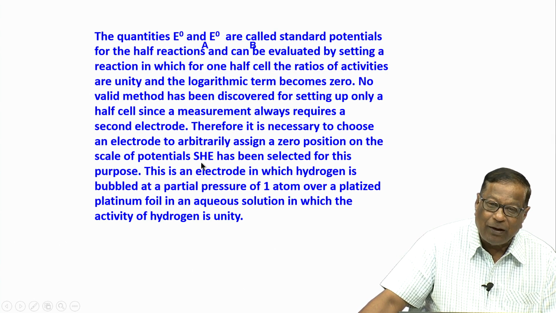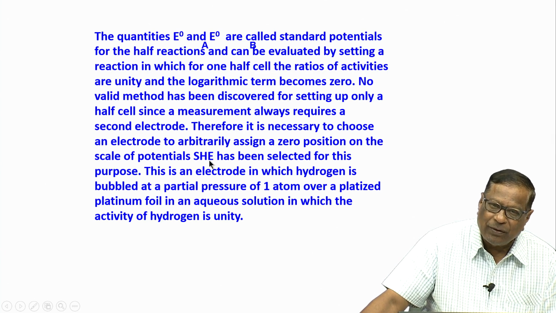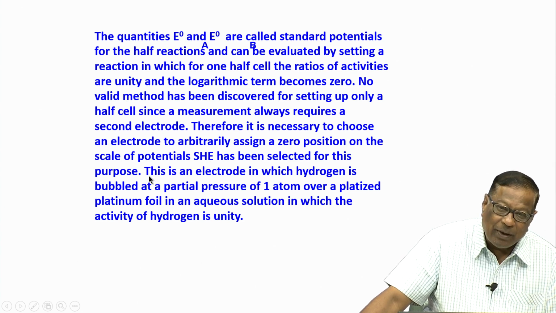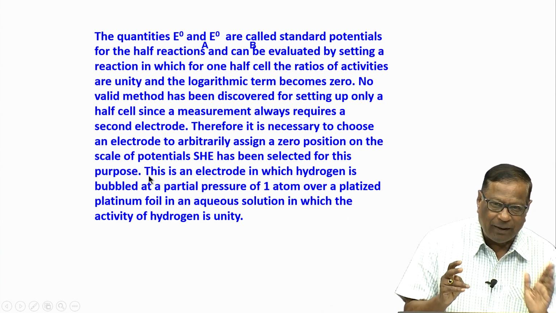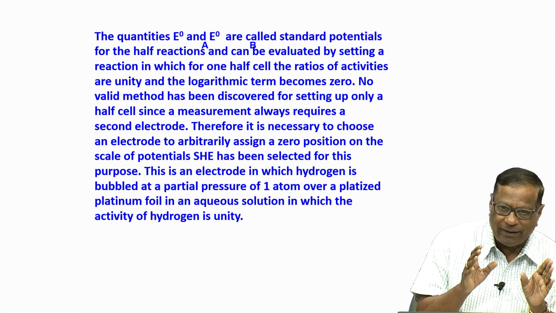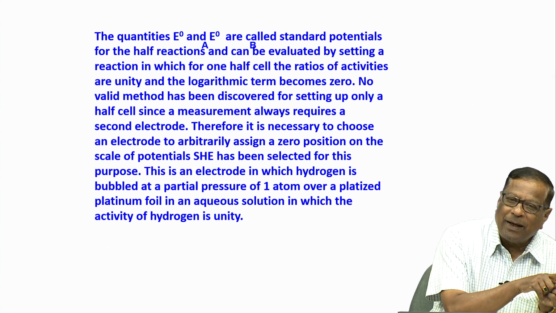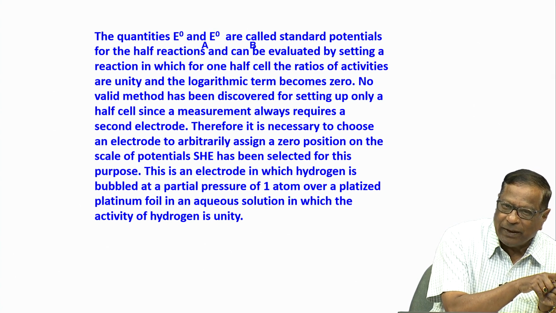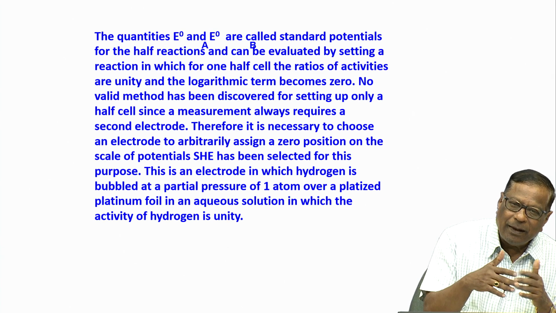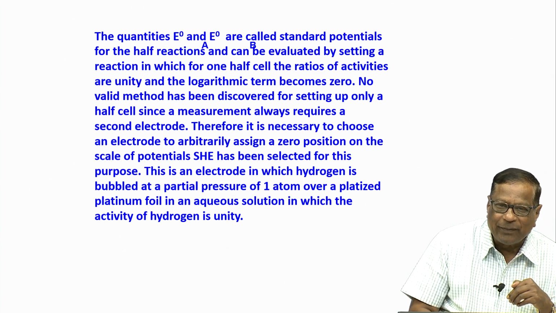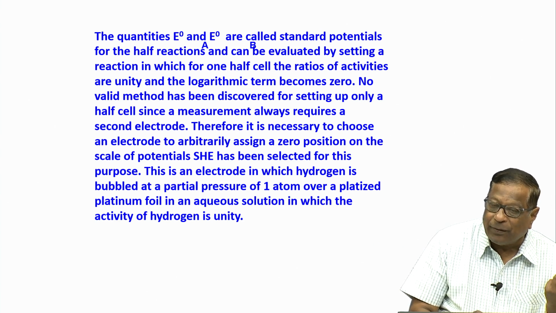The potential of the standard hydrogen electrode is 0.000 according to our convention, used only for our convenience. If I can set up a redox reaction using hydrogen with another metal, I can compare all the metals with respect to hydrogen, because by convention hydrogen is 0.